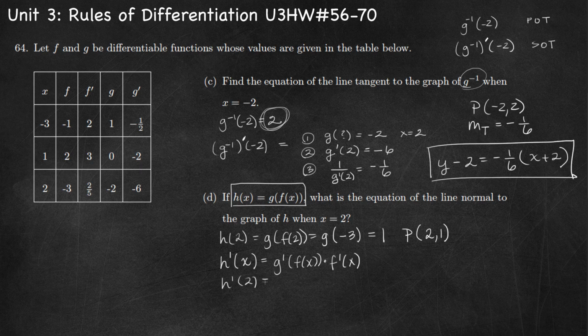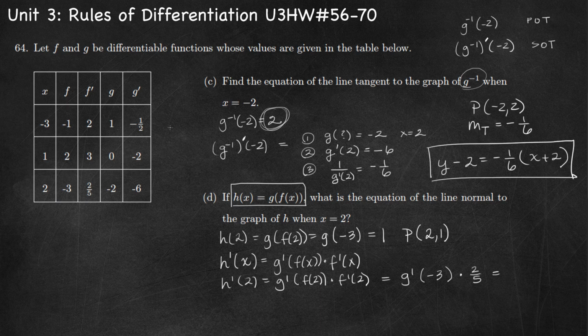H prime of 2 will be g prime of f of 2 times f prime of 2. So we want g prime of f of 2, and f of 2 is -3. So g prime of -3 times f prime of 2. F prime of 2 is 2/5.